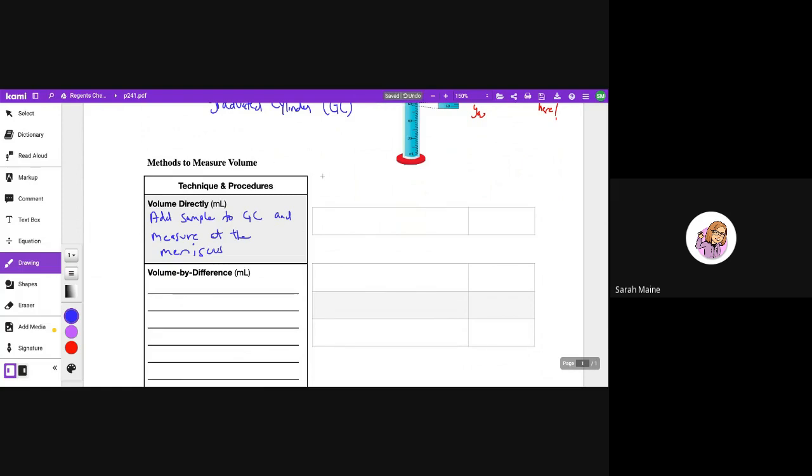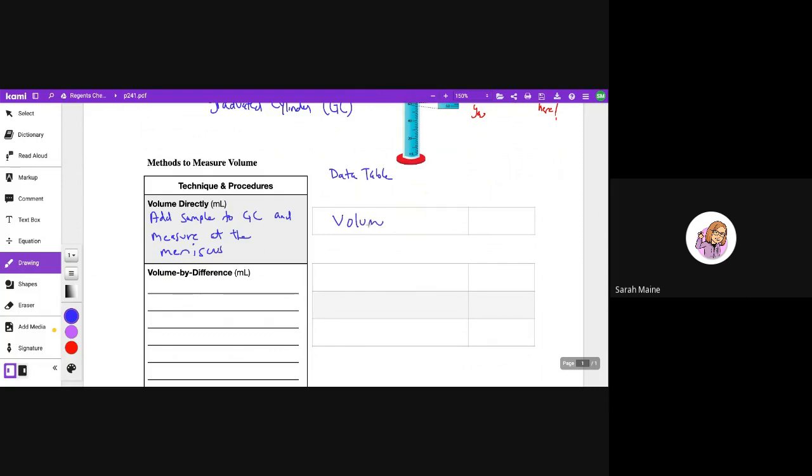As when we talked about mass, every time we follow a procedure in the lab, we have to think about what needs to be recorded in our data table. The descriptors that are words should reflect back to our procedures. So simply, what are we going to measure? We are going to measure the volume.